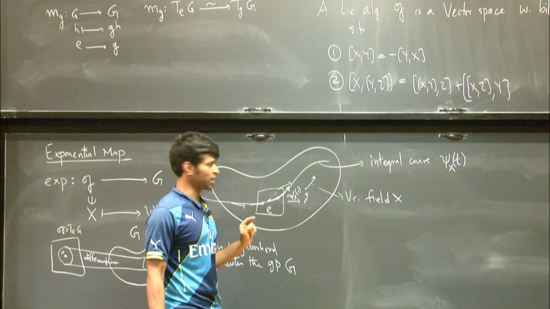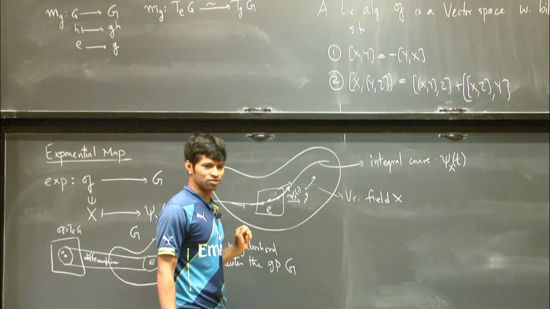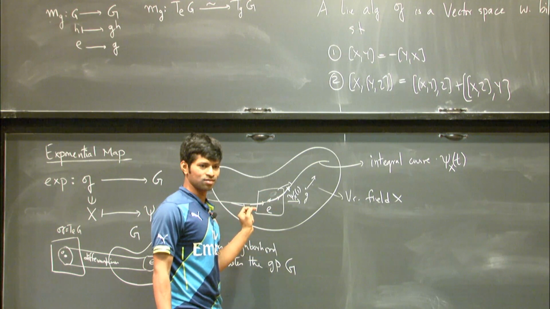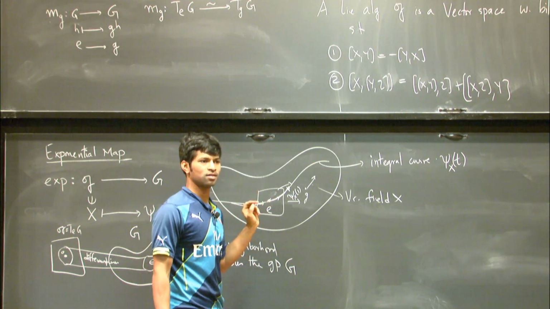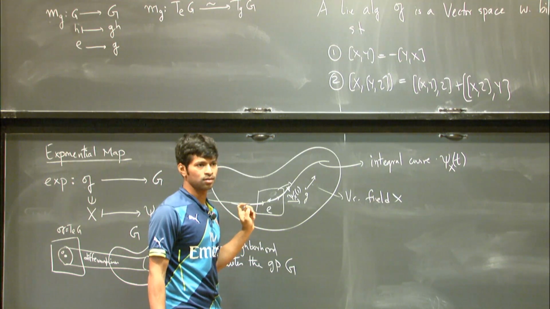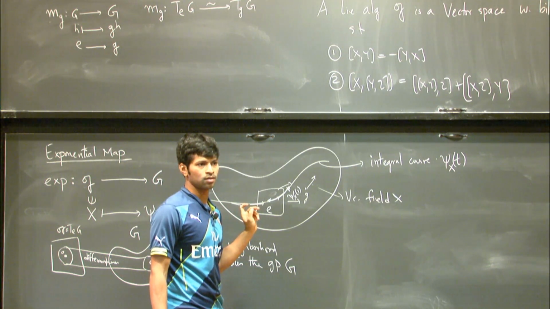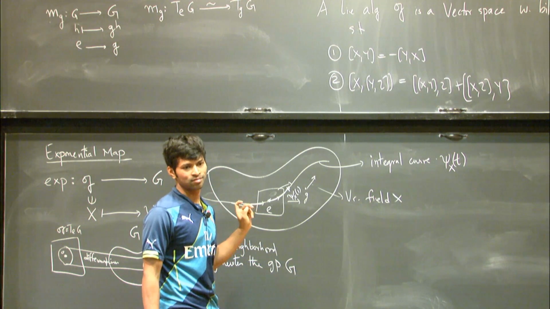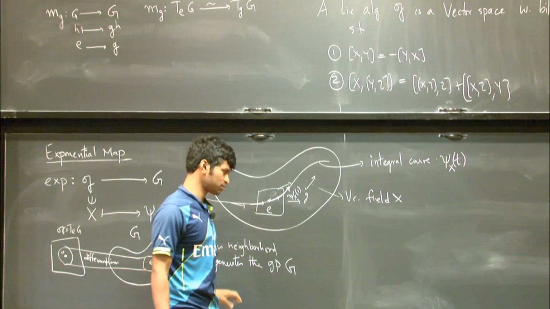It's telling you at this point go in this direction with this speed. It's probably worthwhile to say that if your manifold was Rn, then the vector fields would all point in the same direction, and you just follow. The integral curve would be a straight line.